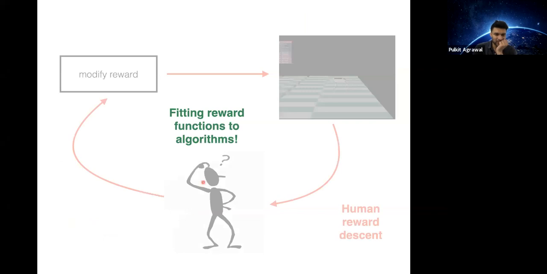And so in some ways, instead of having algorithms which can solve general sparse reward functions, a lot of practical RL systems end up being fitting reward functions to algorithms, right? Now this doesn't mean that that's the end of the road. I think there is a lot of research happening to overcome this problem.